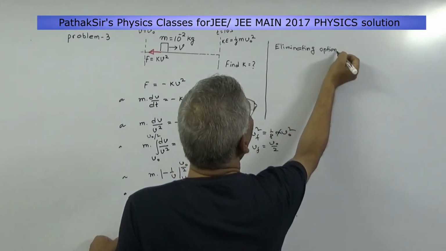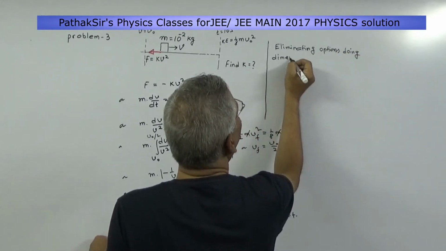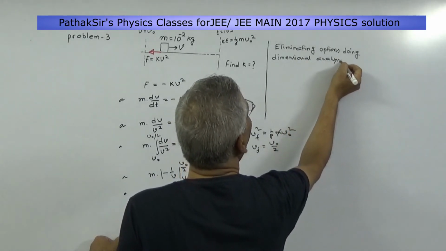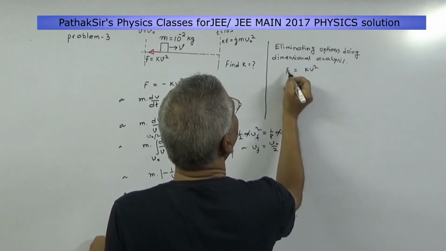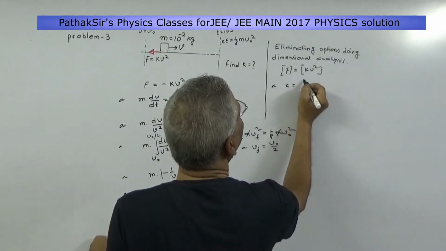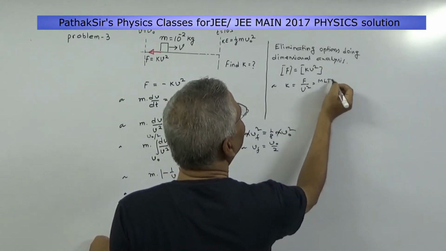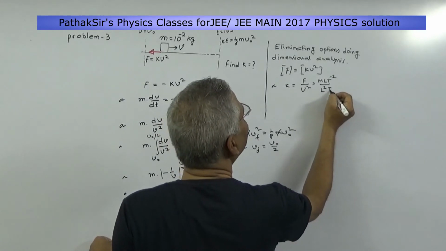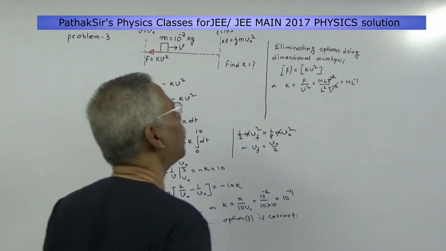Dimension of K: F equal to K v square, so dimension of K equal to F by v square, which is M L T minus 2 over L square T minus 2, equal to M L minus 1.